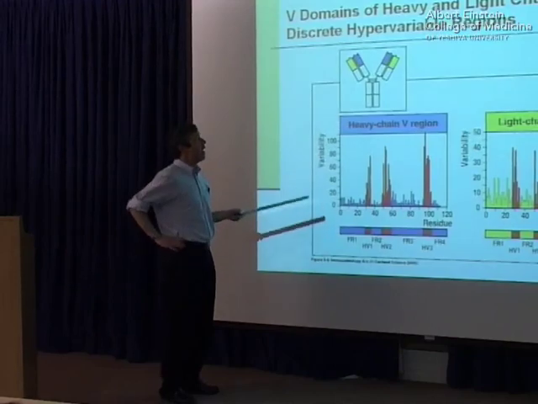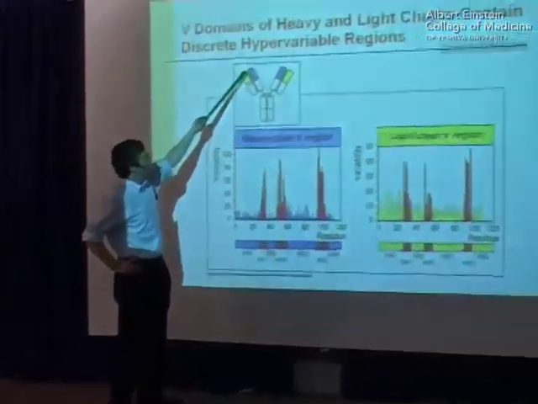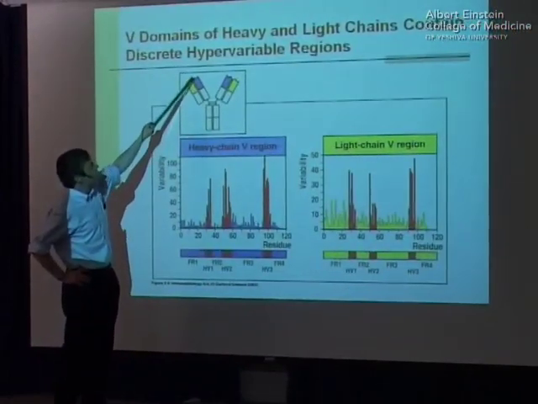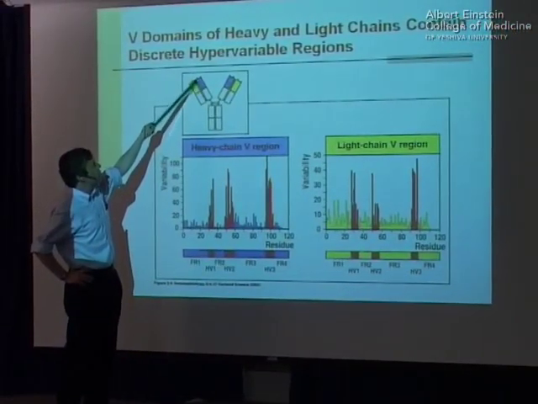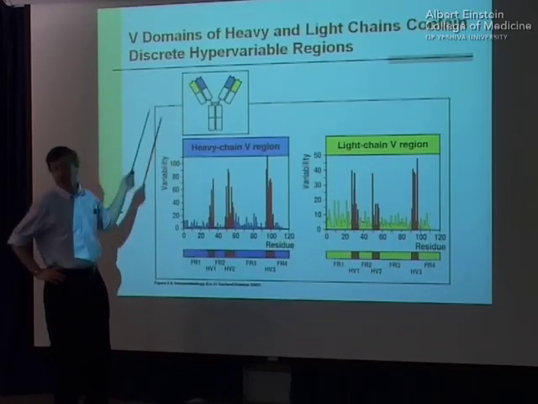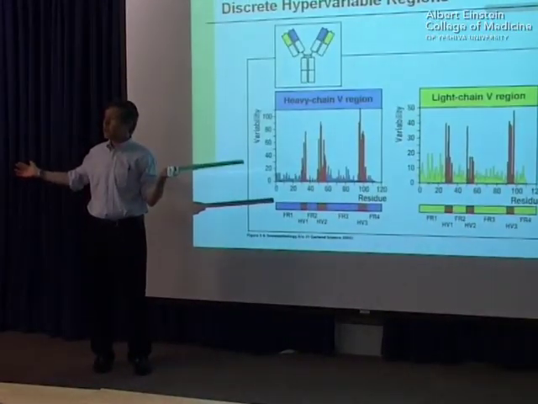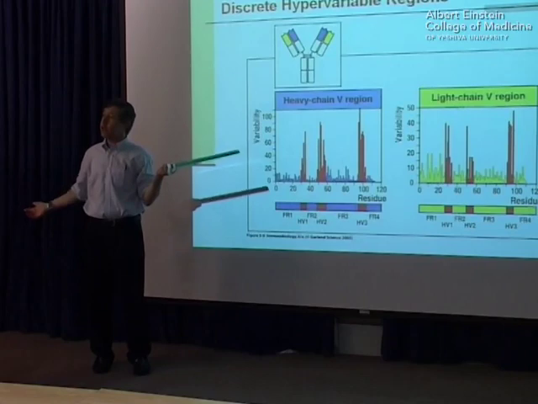Yeah. Okay. So now if we look at the structure, here you have the light chain, here you have the heavy chain. It's color-coded for you. So the variable region of the heavy chain is blue. The variable region of the light chain is yellow. And now let's look at the sequence of large numbers of immunoglobulin molecules and ask the question, where is the variability?